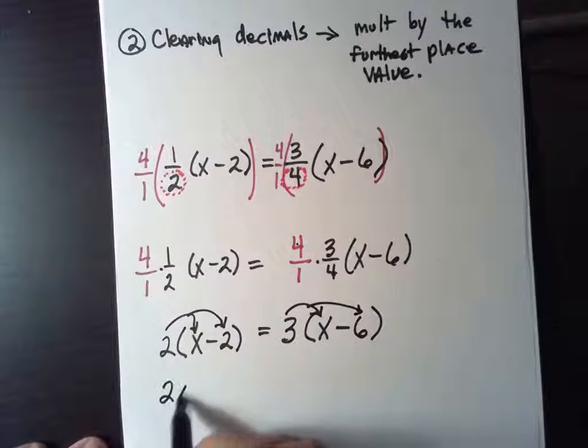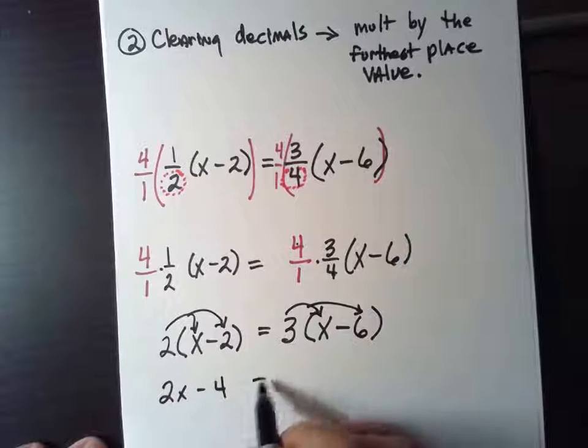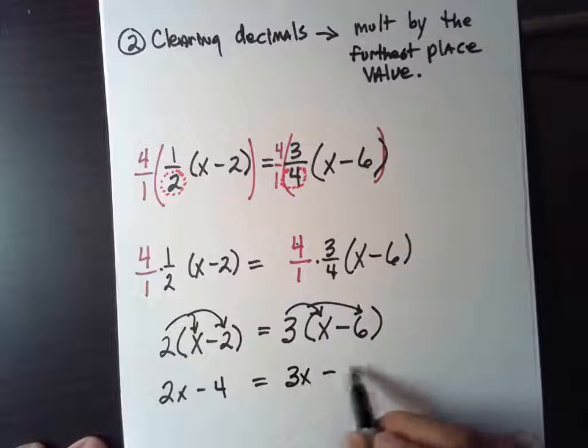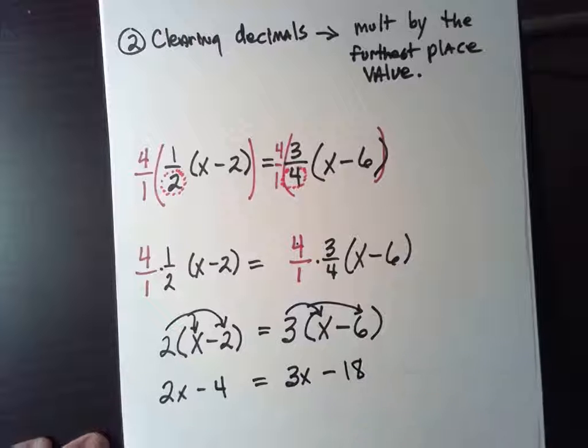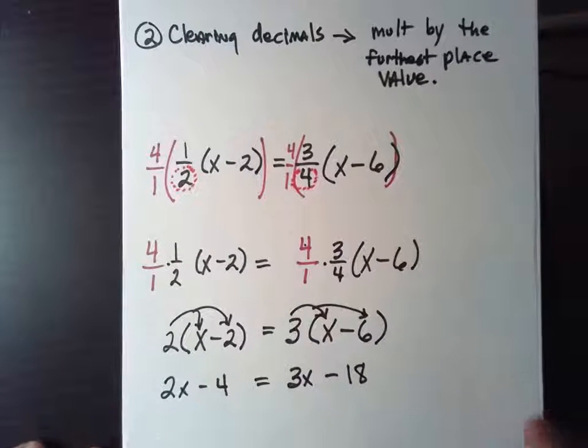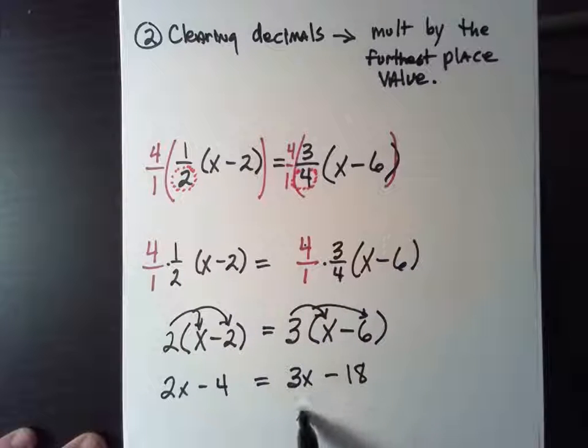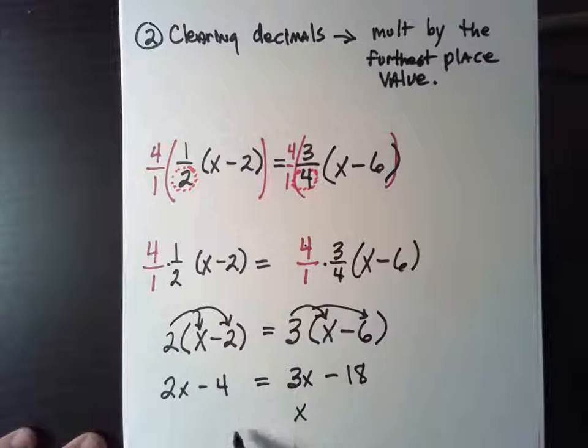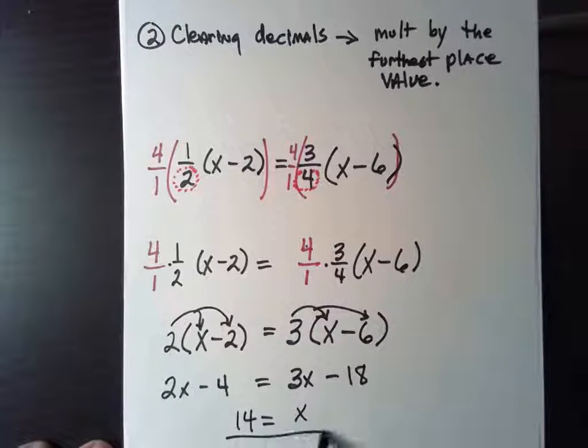And that's 2x minus 4 is equal to 3x minus 18. And then you can solve accordingly. And I would be bringing that 2x over. That'd be x plus 18 to be 14. I think it's 14, but you can check me.